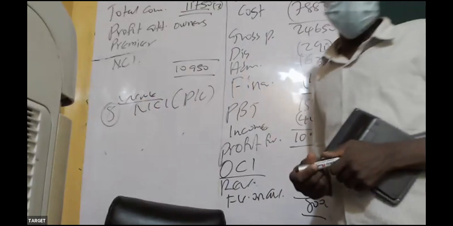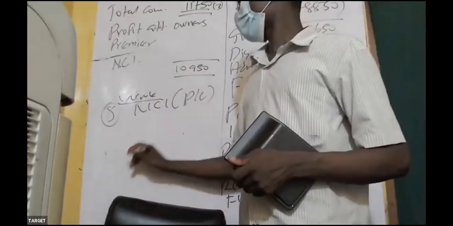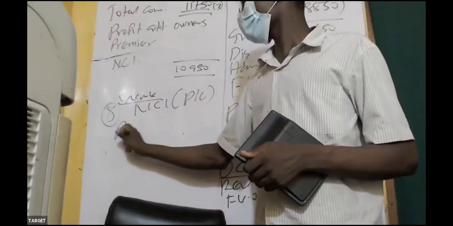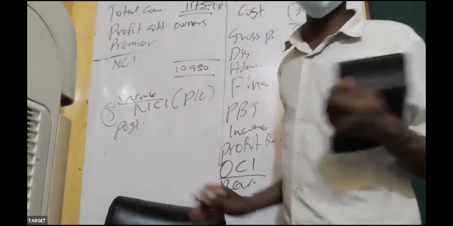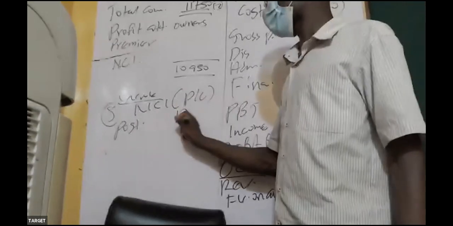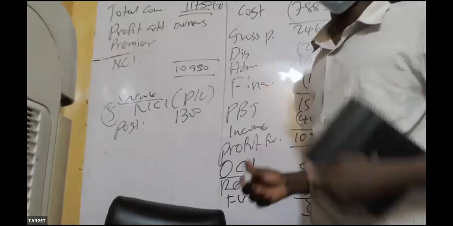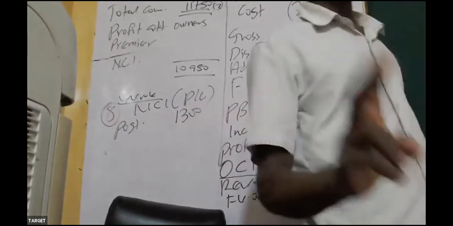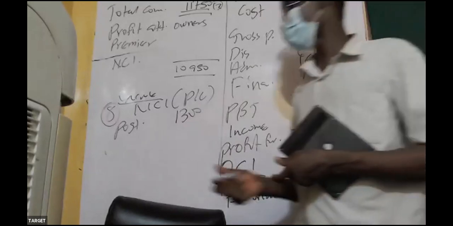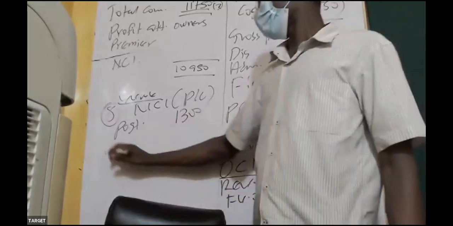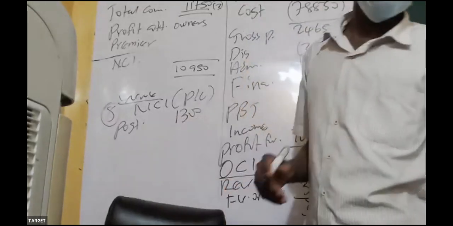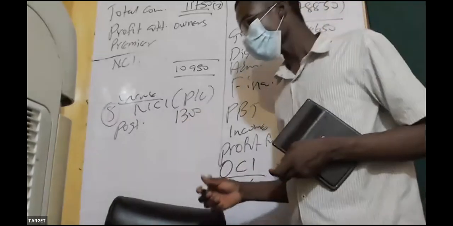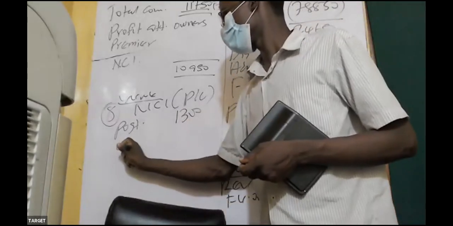Okay, so over here, start by saying post-acquisition profit. We have calculated already. We had 1,300. I'm just bringing it here. Anything that will affect this profit, can you adjust it? There are only 2 items in this question. The first item is the unrealized profit.